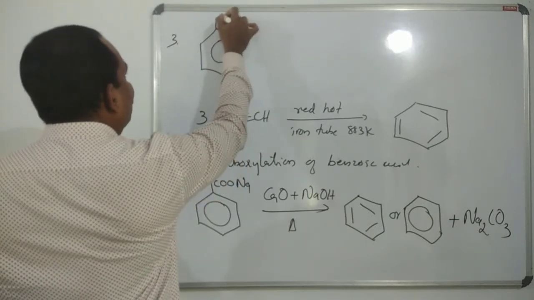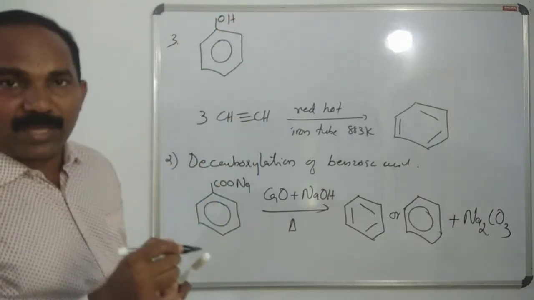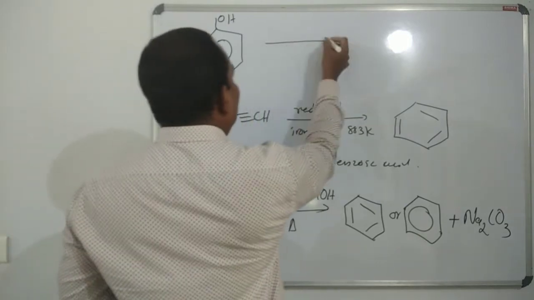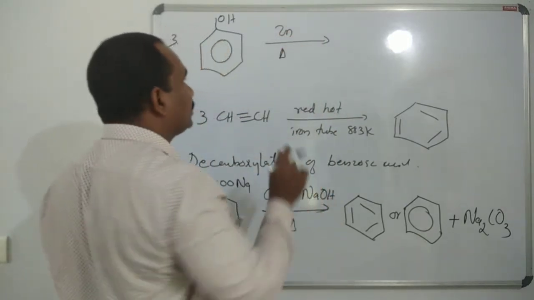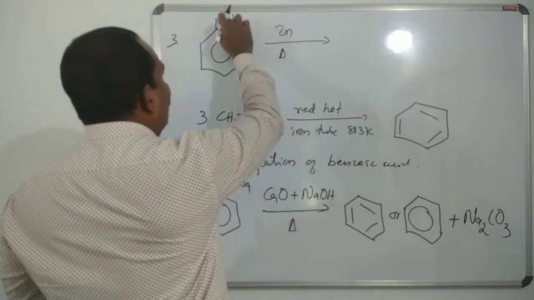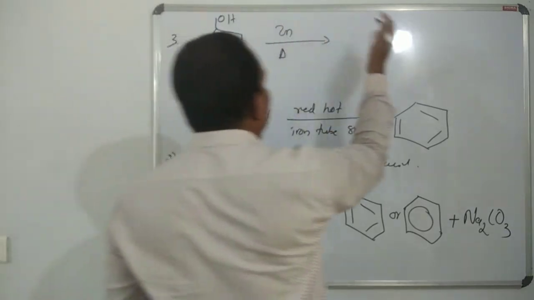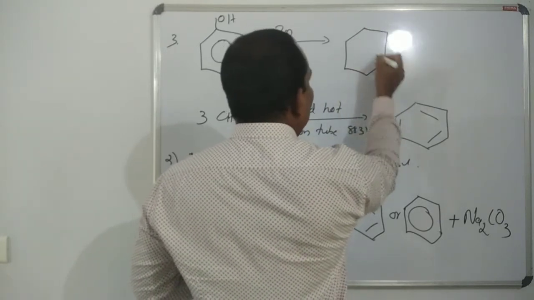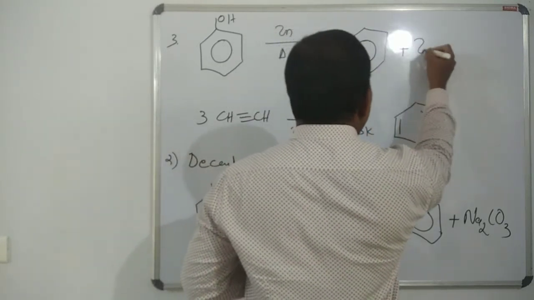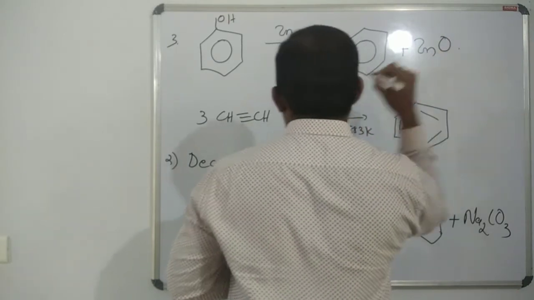This is phenol, benzene ring and OH group. It is heated with zinc. Then the oxygen is taken by the zinc and we get benzene plus zinc oxide.